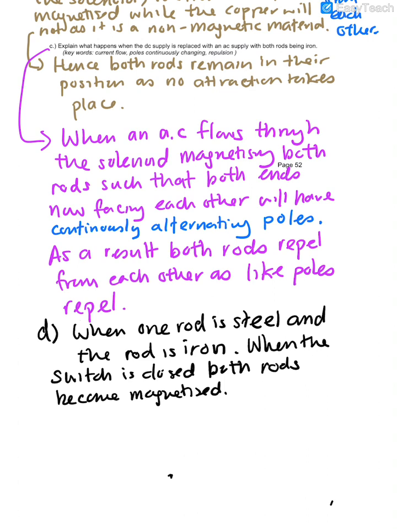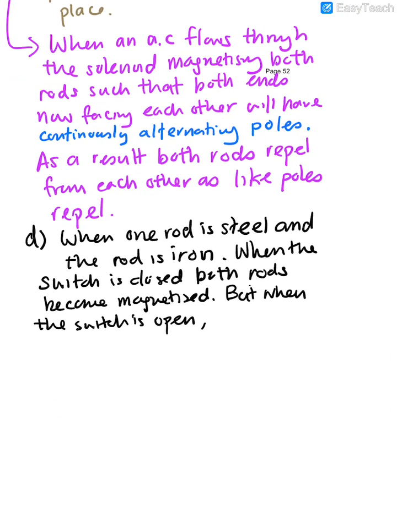And then after that, what happened? The steel rod will still be magnetized. You now have to say, when the switch is closed, both rods become magnetized, but when the switch is open, the steel rod, what's the word to use?